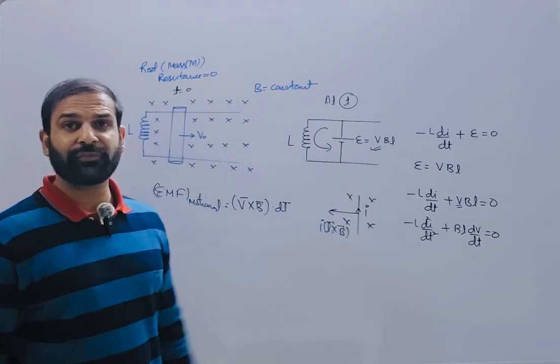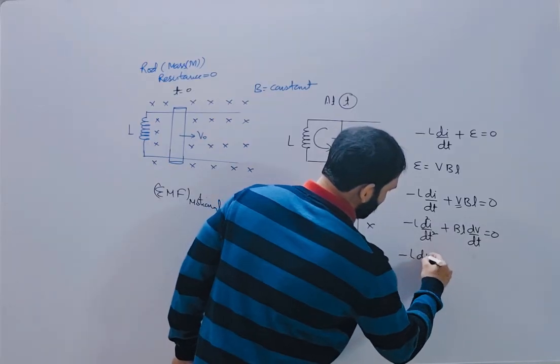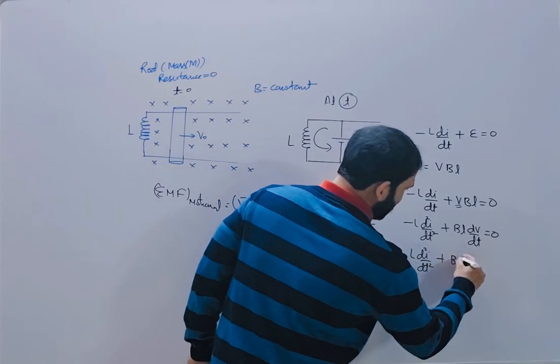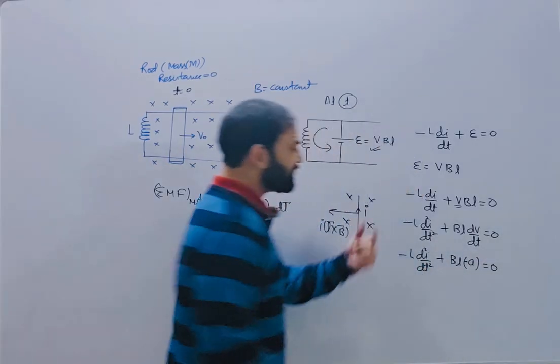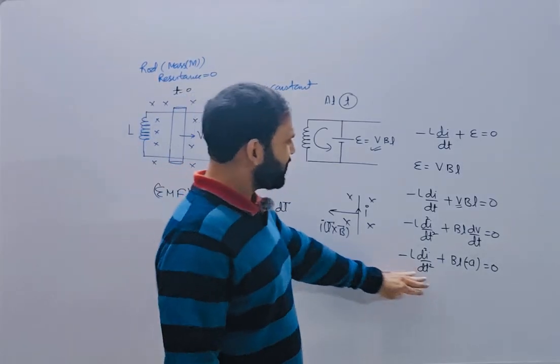And dV by dt is the acceleration. But it is not acceleration, it is retardation, so it is minus a. So minus L d2I by dt square minus BL multiplied by a is equal to 0. From this equation alone we cannot find anything.